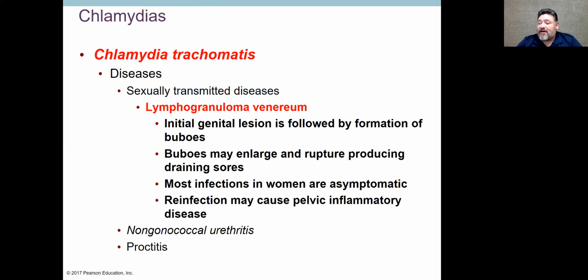A bubo is when the adaptive immune system, in its effort to reconcile this infection, takes the chlamydia and it goes into the inguinal lymph nodes in order to carry out antigen presentation. The inguinal lymph nodes become saturated with this infection, and they start to balloon. Okay, that ballooning is called a bubo.